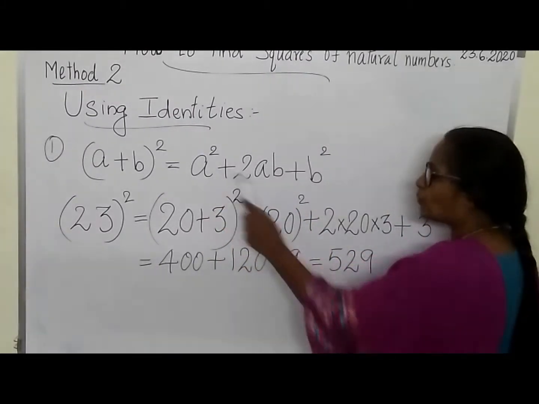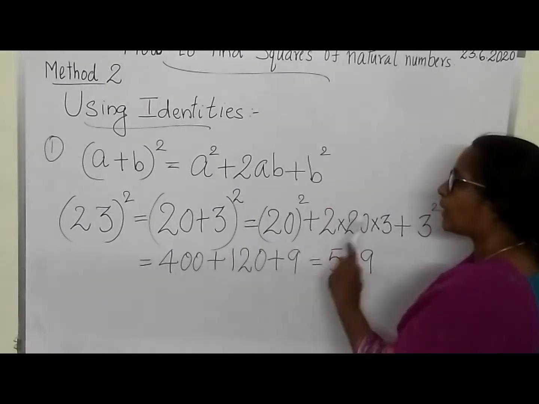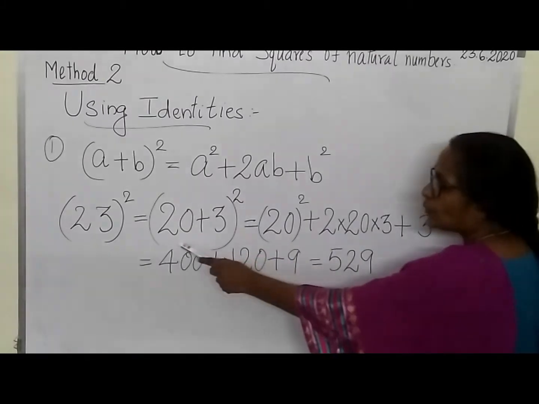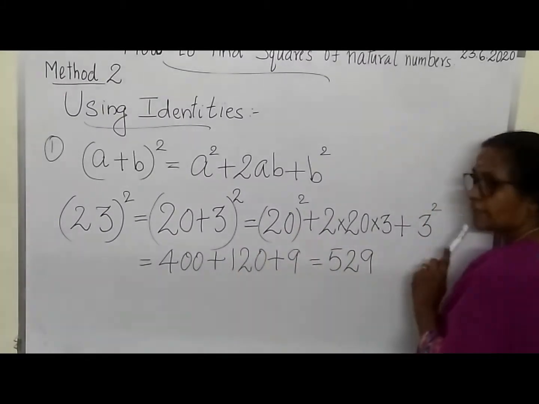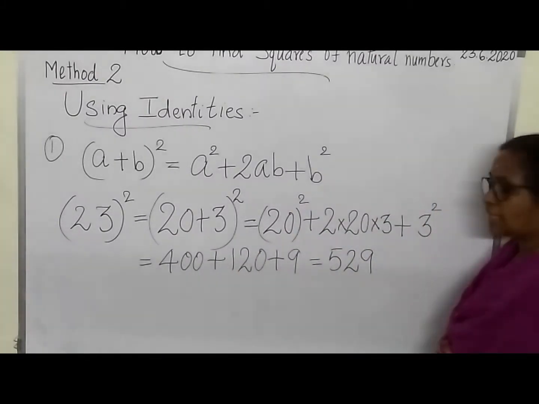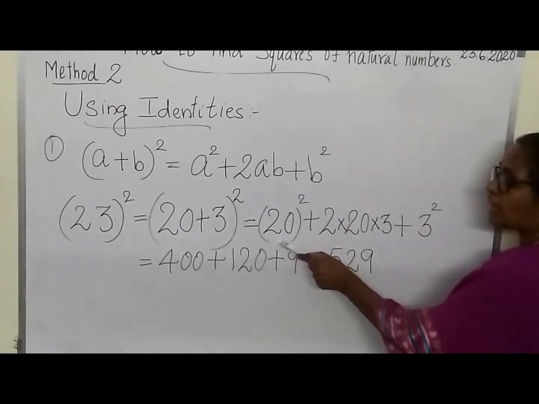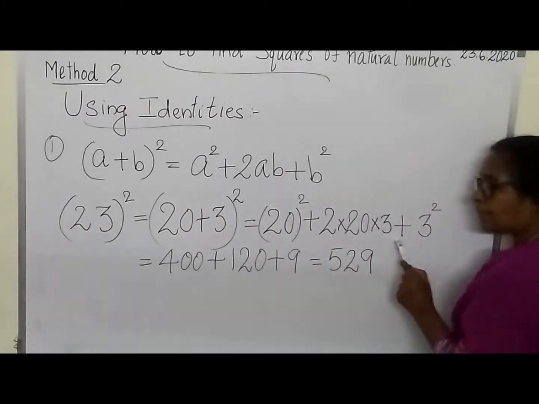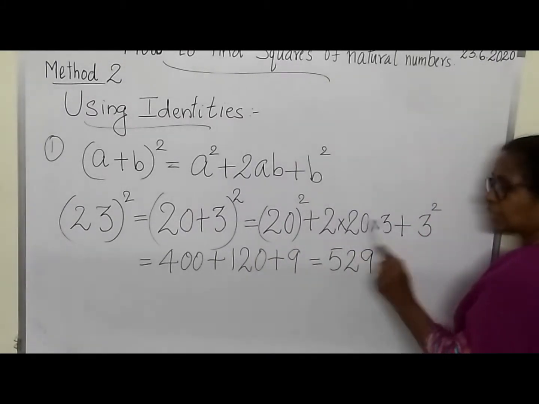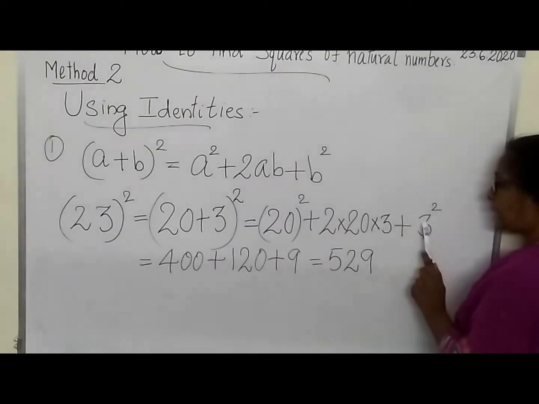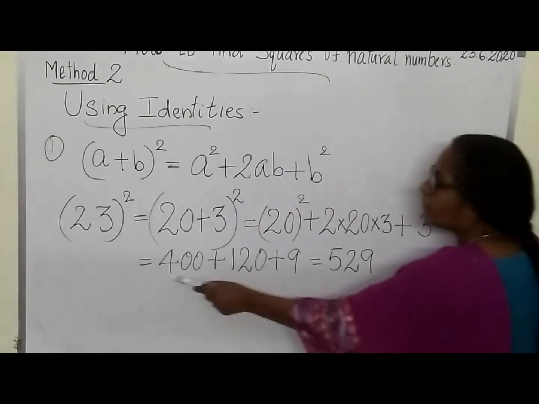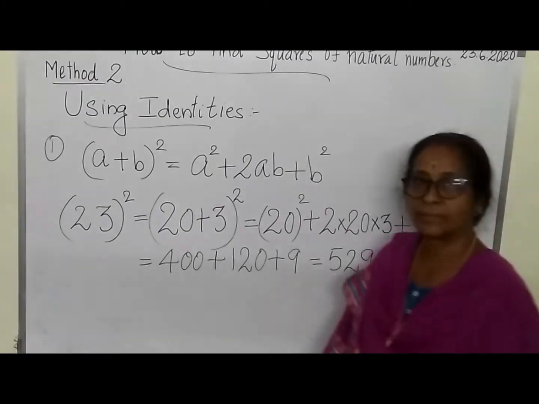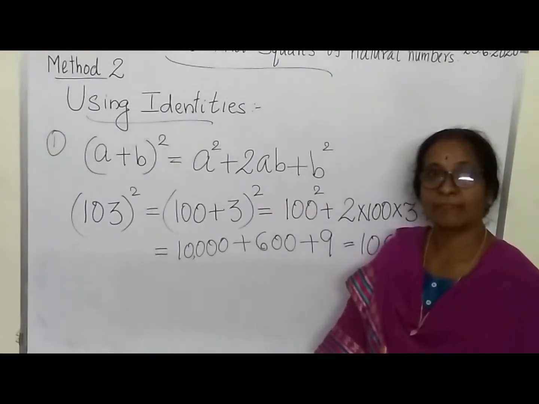See here, A square is equal to 20 square. 2AB means 2 multiplied by 20 multiplied by 3, and B square is 3 square. Now it is easy to find the square of 20, which is equal to 400. Multiplied here, 2 2s are 4, 4 3s are 12, so 120. 3 3s are 9. Now when you add this all, you get 529.